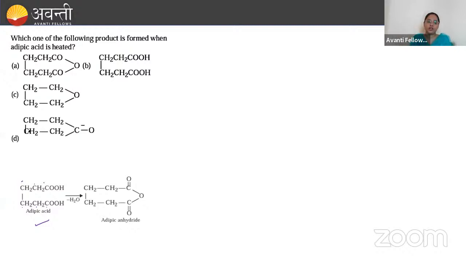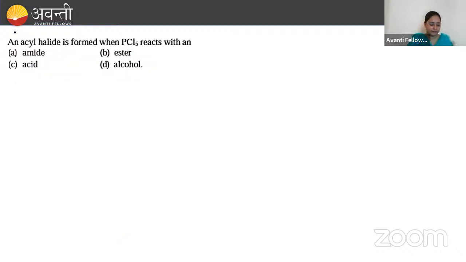It undergoes heating. What is going to form? Its respective anhydride. You know, when two acids undergo heating, there is a formation of their respective anhydride. So here you can see there will be formation of its respective cyclic anhydride. So what will the answer be? Option A will be the correct answer.